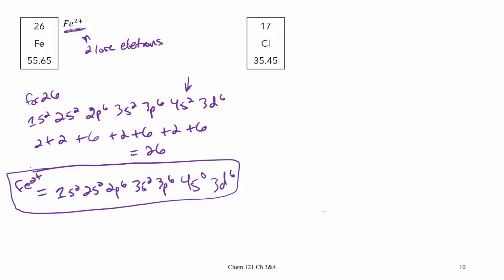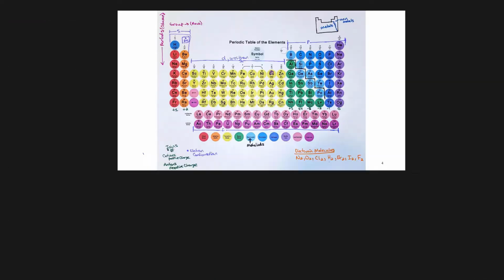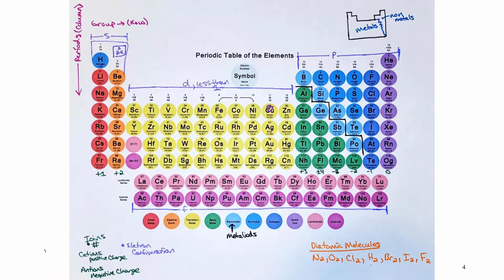And we want to find Cl 1 minus. We are adding an electron, so we want our exponents to add to 18 electrons. We look at our periodic table once again, and we want 18.